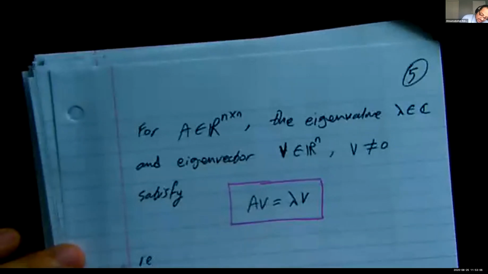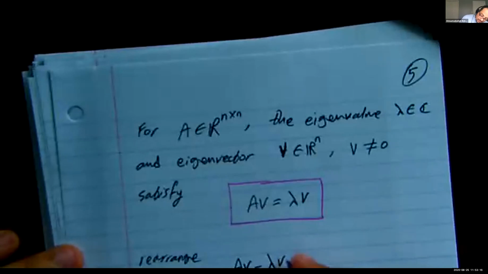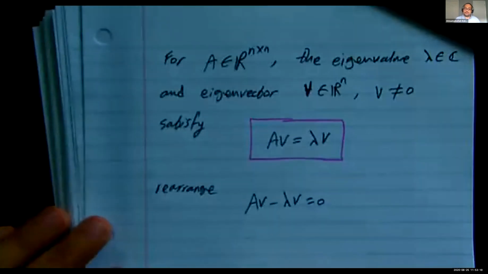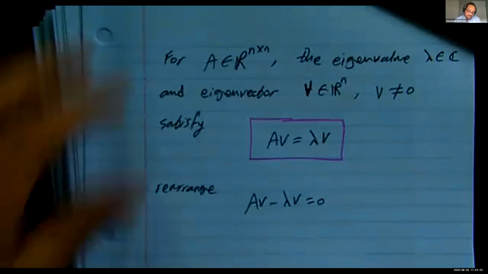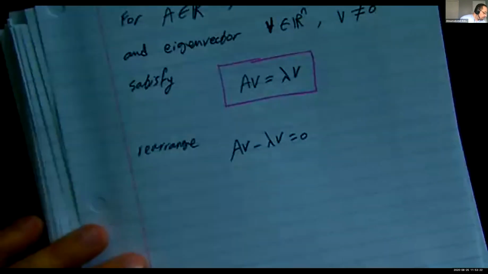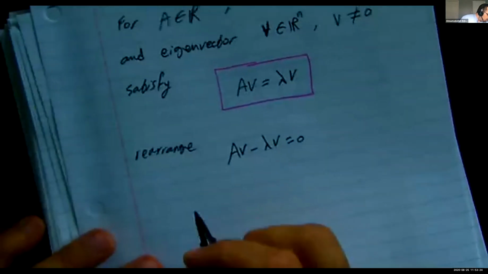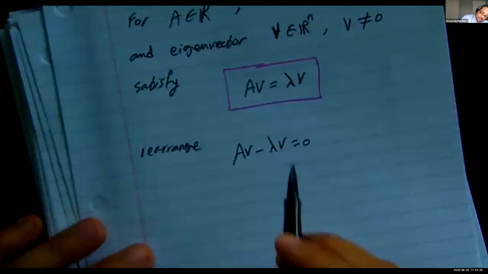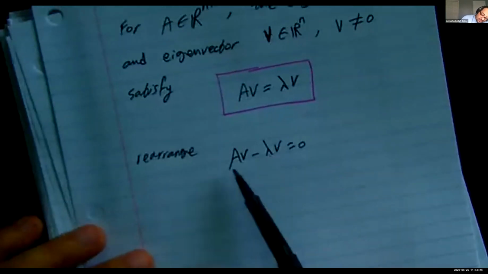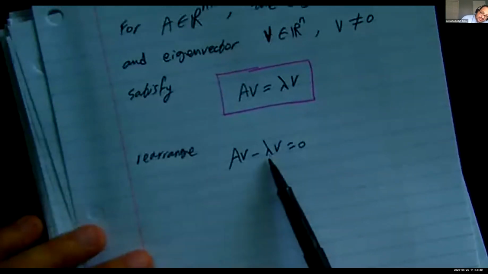Let's rearrange this. So take this to the other side. So we have AV minus lambda V is equal to 0. Notice that V is a vector, A is a matrix, and lambda is a scalar.